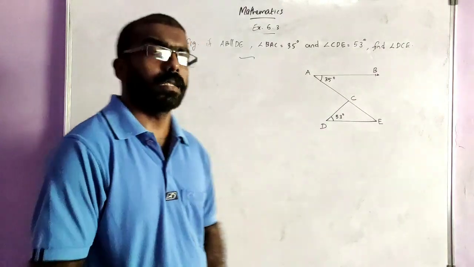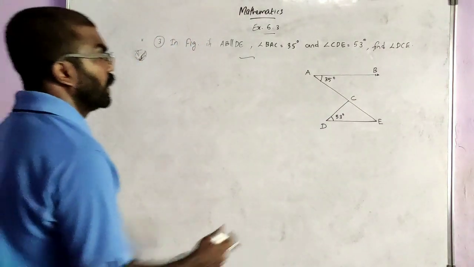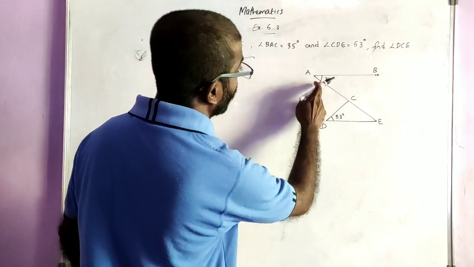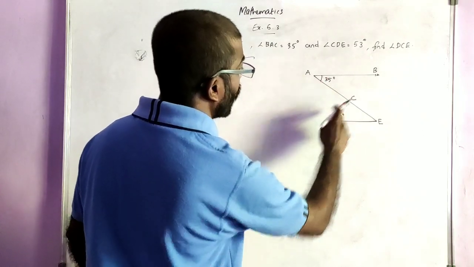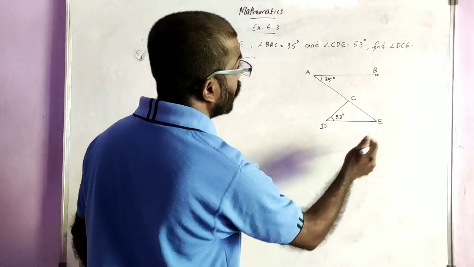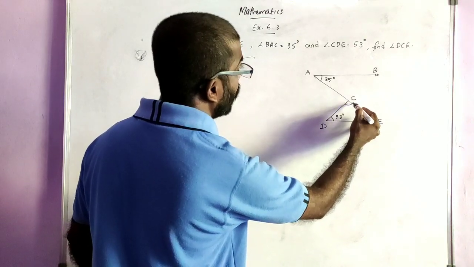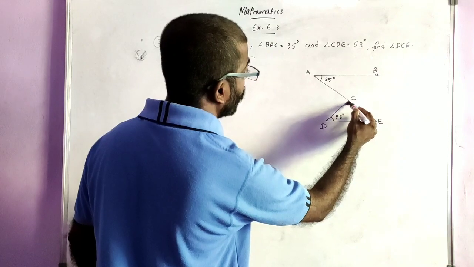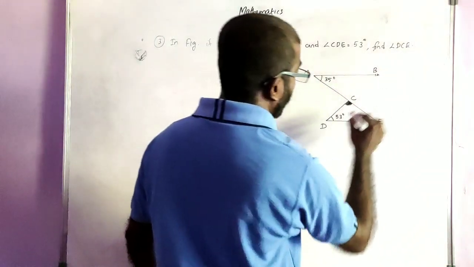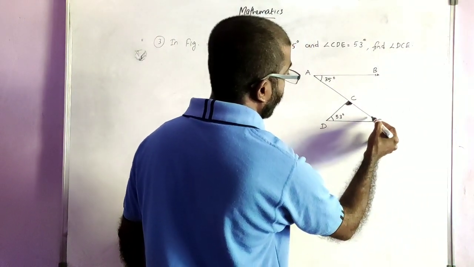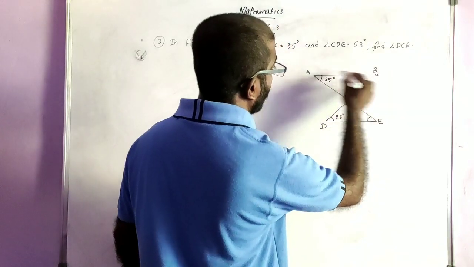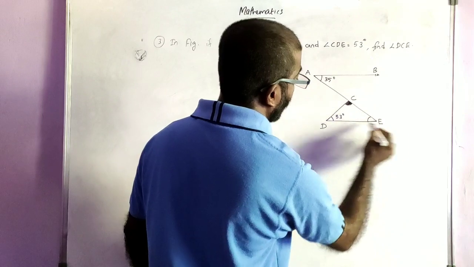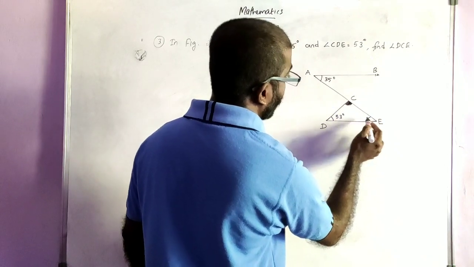Now we move on to question number 3. In figure AB parallel to DE, angle BAC equal to 35 degree, angle CD equal to 53 degree. Find angle DCE. Okay, this angle measure we have to find out. Since AB and DE are parallel, we can say angle BAC and angle DEC or CED are alternate interior angles.